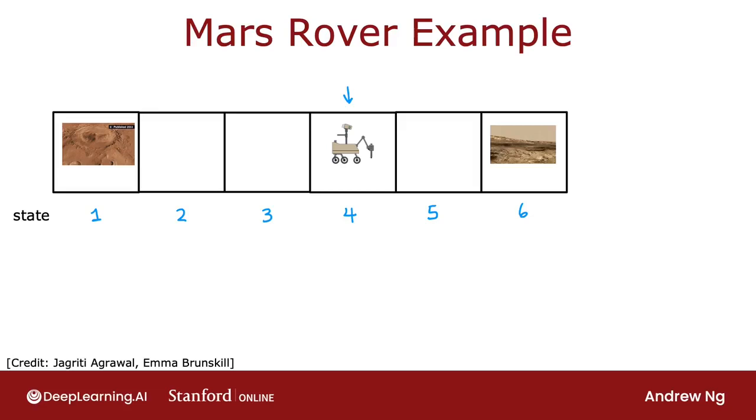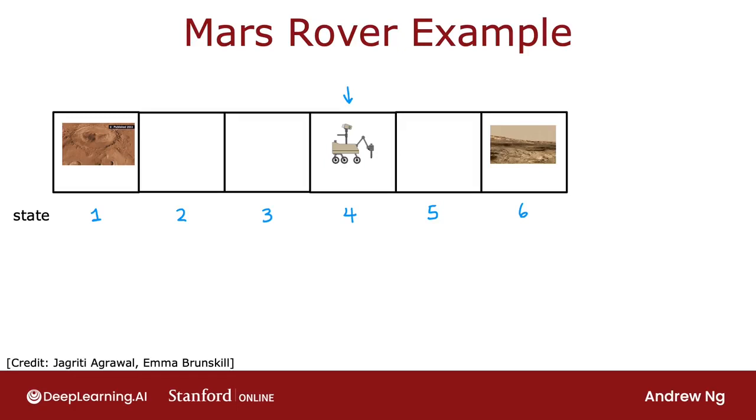So we would more like to carry out the science mission at state 1 than at state 6, but state 1 is further away. The way we will reflect state 1 being potentially more valuable is through the reward function.